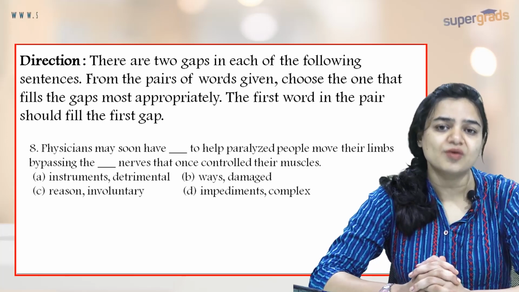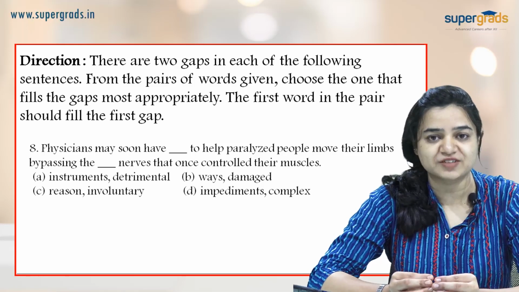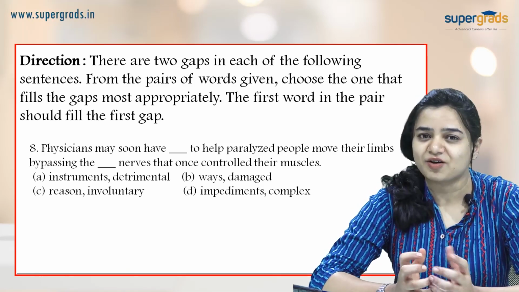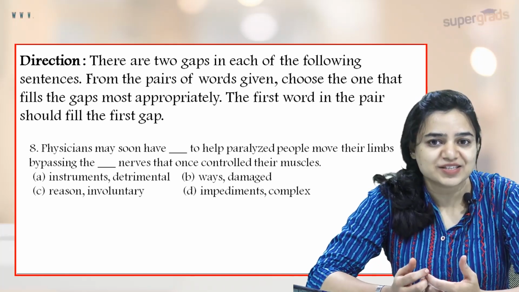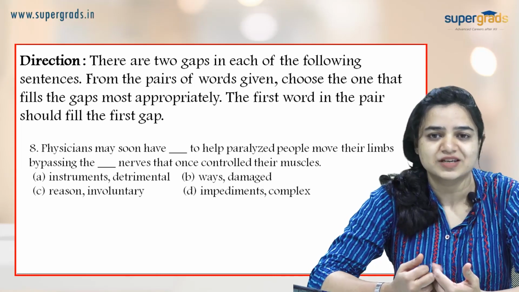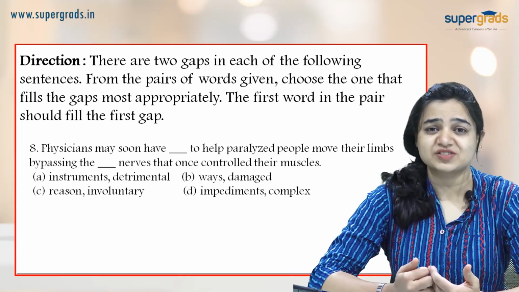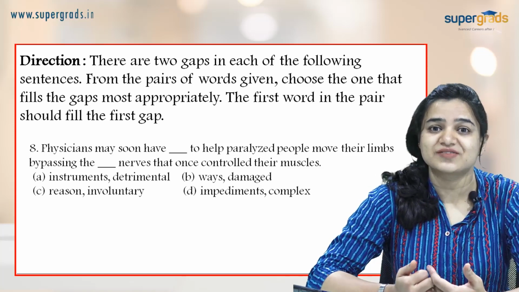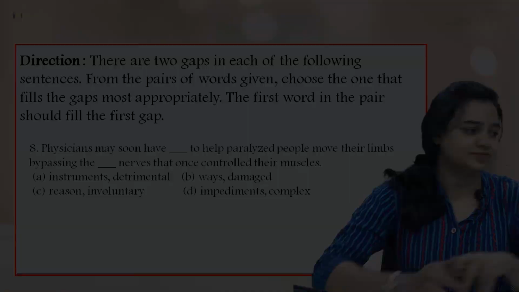Because there is no other option which could have an appropriate adjective for nerves, because you couldn't say that the nerves are complex, because yes, of course they are, but here we are talking about paralyzed people, so complex nerves don't really fit the context. And detrimental is something which is harmful. Now these nerves are not harmful, they are damaged, and that is why they are not able to give us the work that they need to.